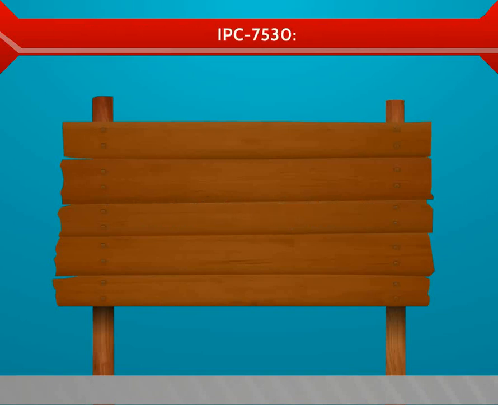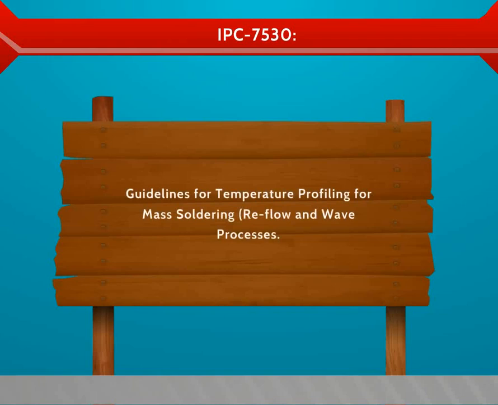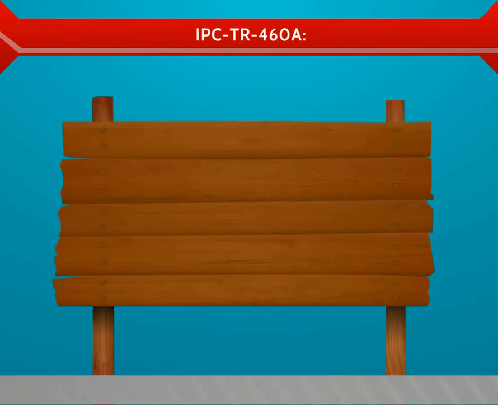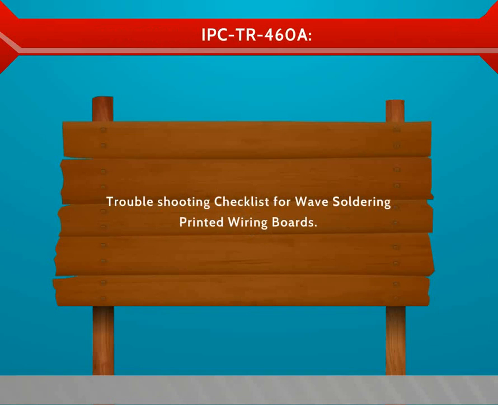IPC 7530, Guidelines for temperature profiling for mass soldering, that is, reflow and wave processes. IPC TR 460A, Troubleshooting Checklist for wave soldering printed wiring boards.